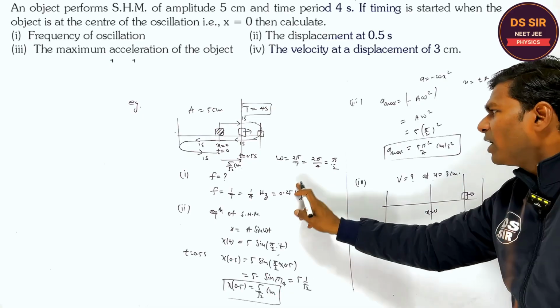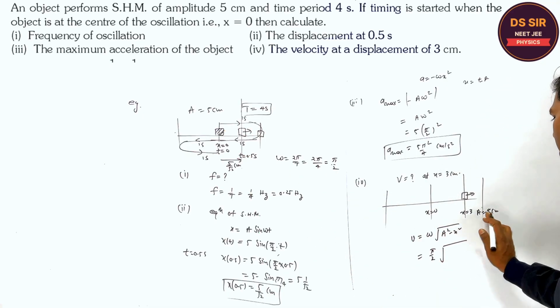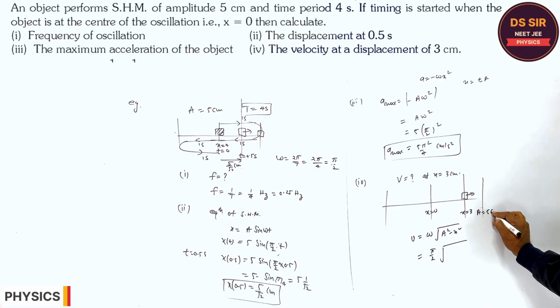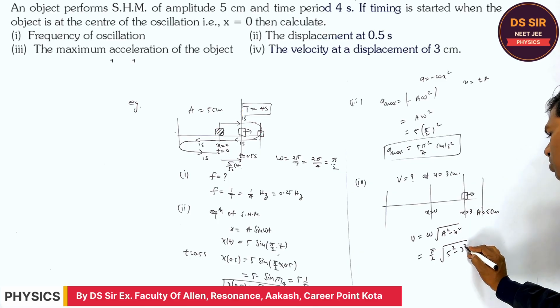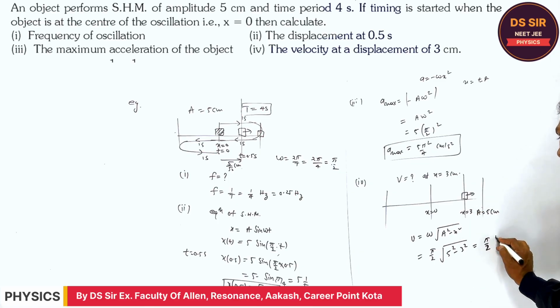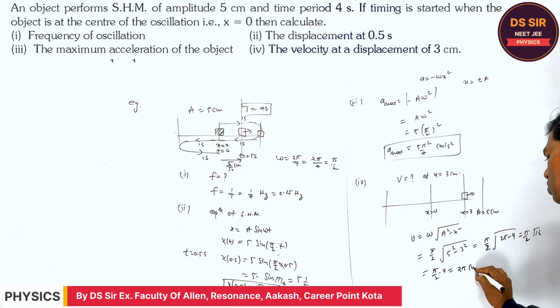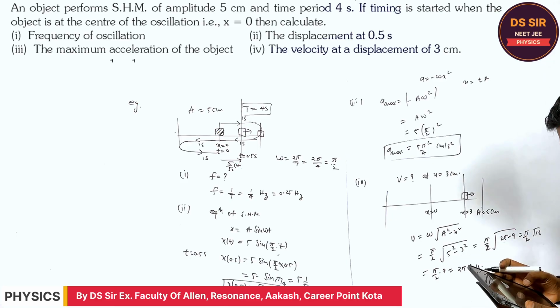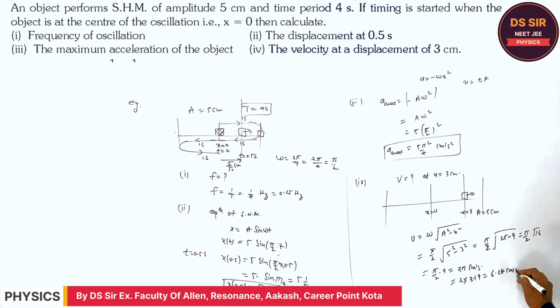The omega value we have found is pi by 2, root over a square minus x square, where a is the amplitude of 5 centimeter. At 3 square, pi by 2 root of 25 minus 9 is equal to pi by 2 root 16. So it is equal to pi by 2 into 4, which is 2 pi centimeter per second. That means 2 into 3.14, which is 6.28 centimeter per second, right?